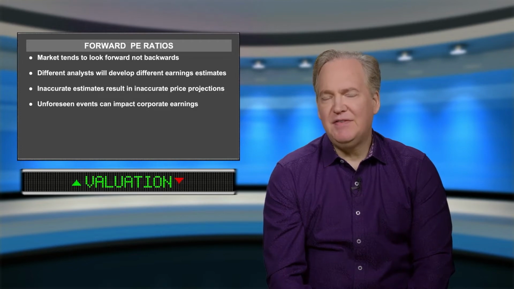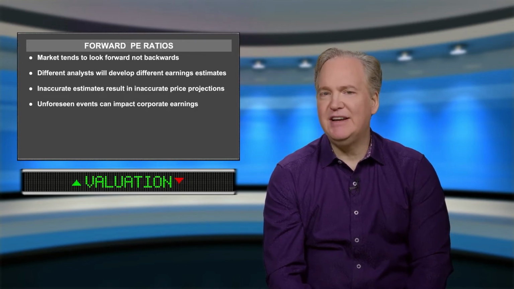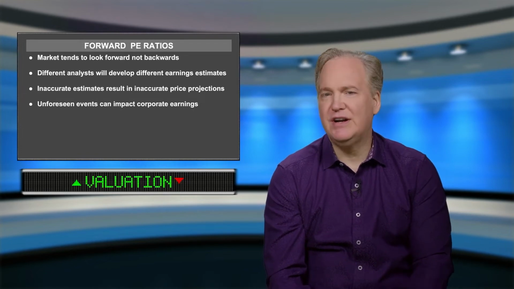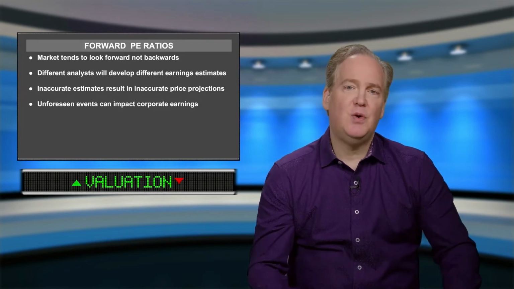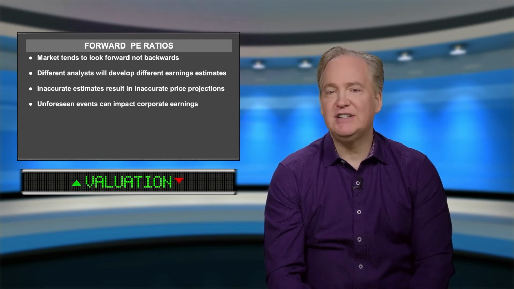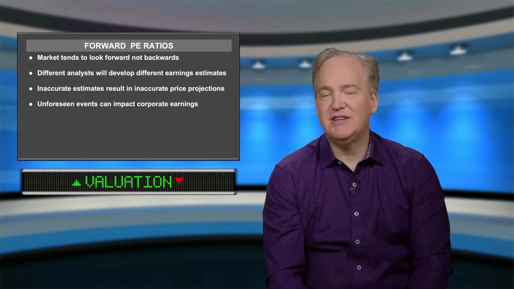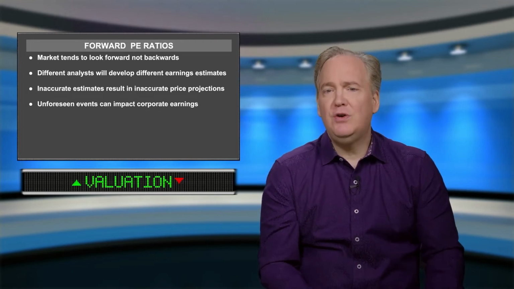Now, different analysts looking at the same company may come up with very different estimates for the forward earnings of a corporation. So one analyst may be modeling for $3 per share in earnings, and another analyst looking at the same company may be modeling for $2.50 in earnings. Who knows which is right?